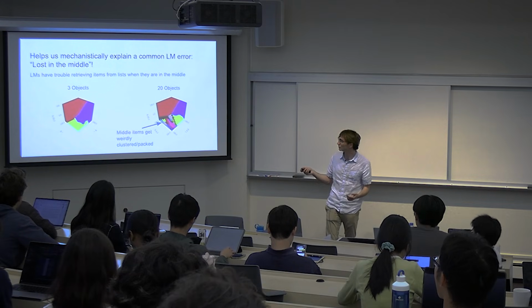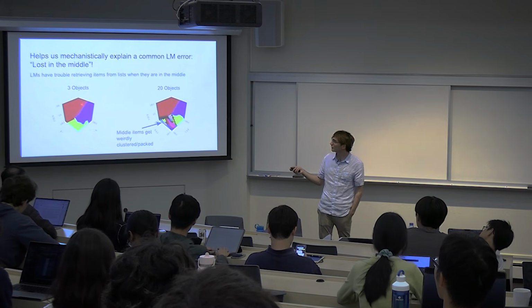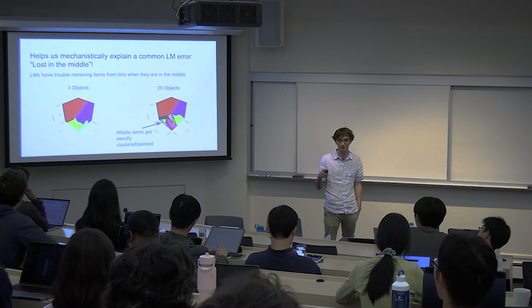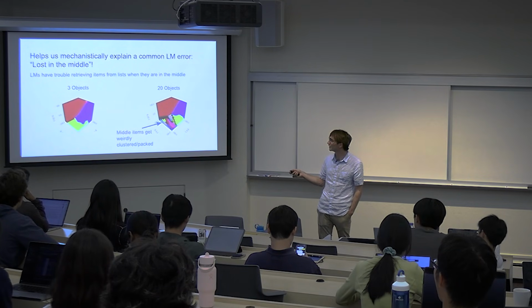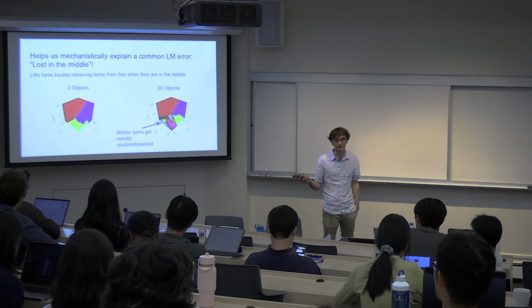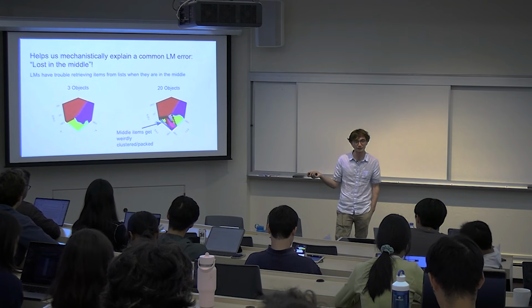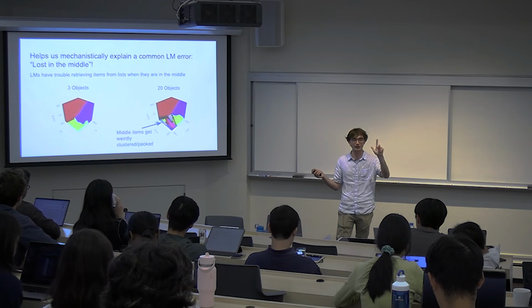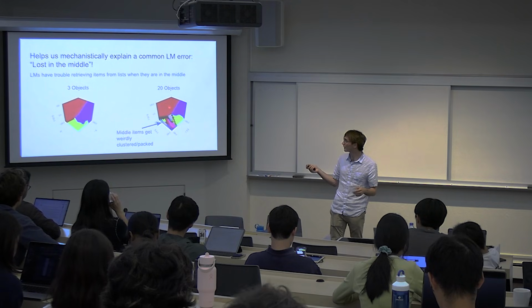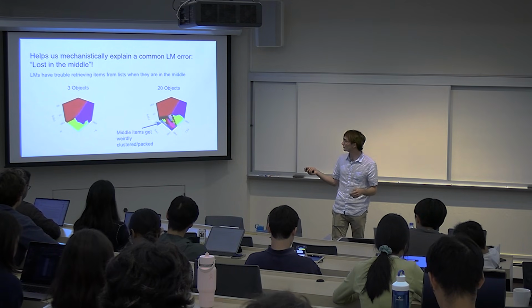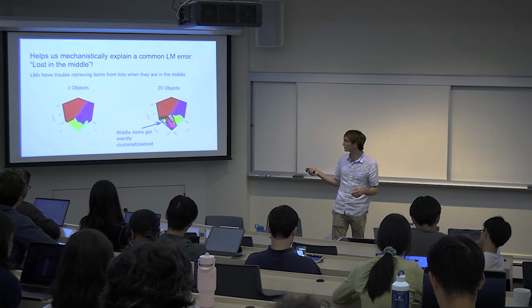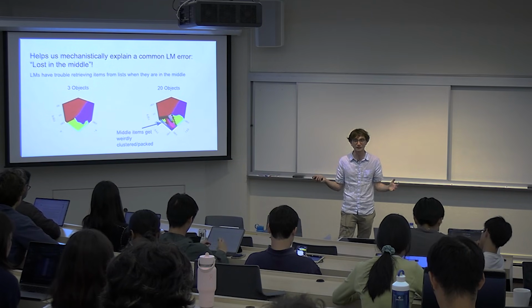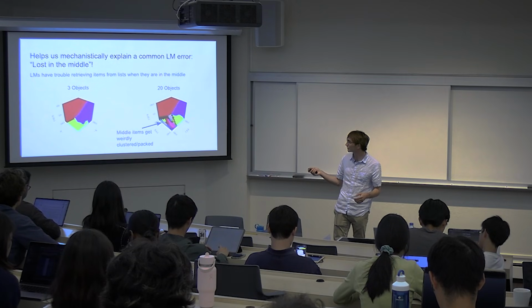And we're able to mechanistically show in this 3D subspace, I'm not expecting this to be super clear from this image because I want to move on, but each color is the probability of retrieving item 1, item 2, item 3 from the list. And as we add more items, up to 20 objects, this is still item 1, and then all the items in the middle, like 5 to 17 or something, all cluster in here.